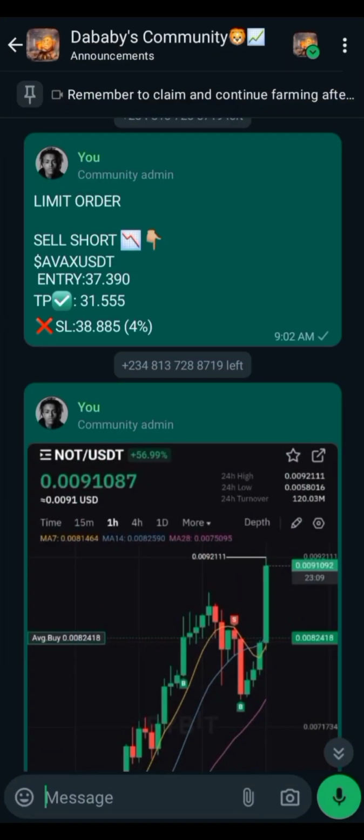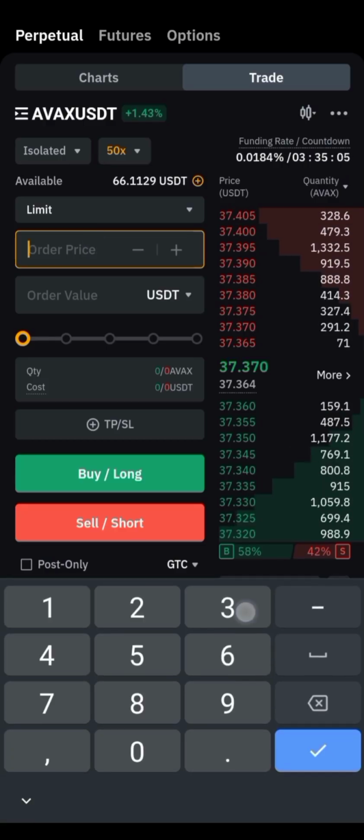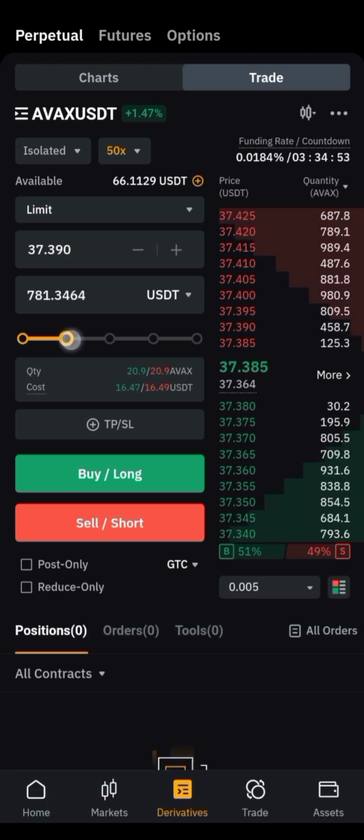Let me use this signal for illustration. I'm going to copy the entry. Make sure it's the entry you are going to be inputting in the limit section. I'm going to be using the entry 37.390. As soon as the market hits that price, my trade is going to begin.